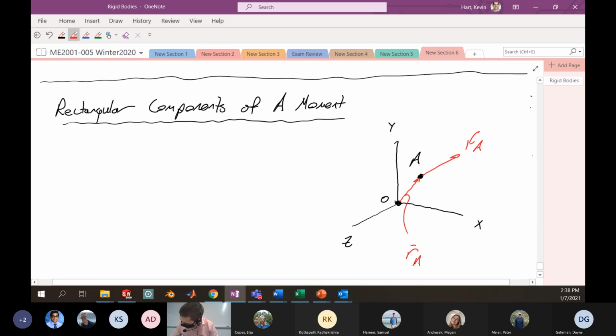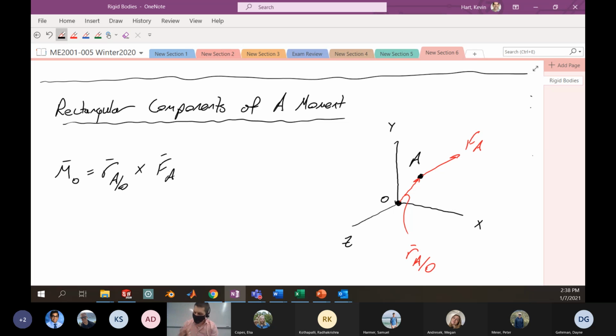The position vector arriving at A from O. And if we want to think about our moment about O, that is the position vector arriving at A from O, crossed with my force at A. That's our broadest definition. Yes?